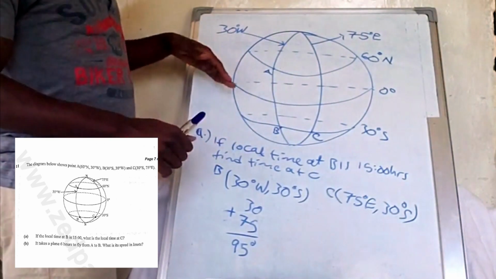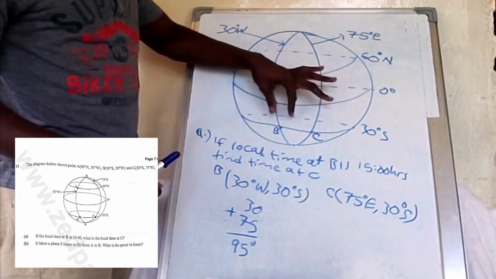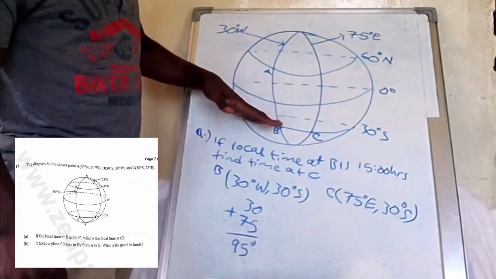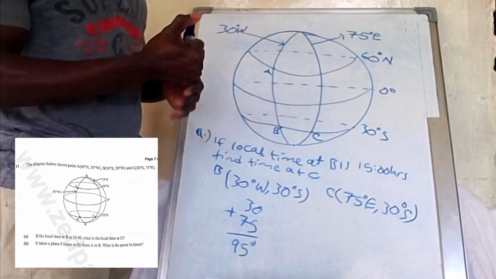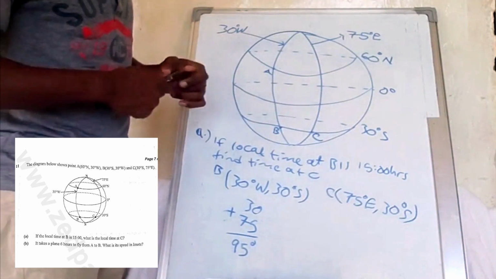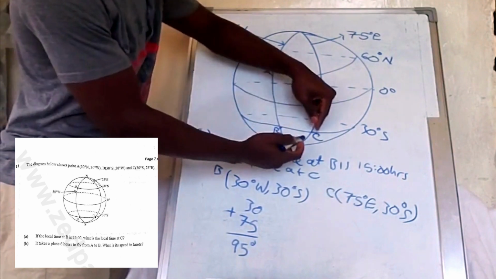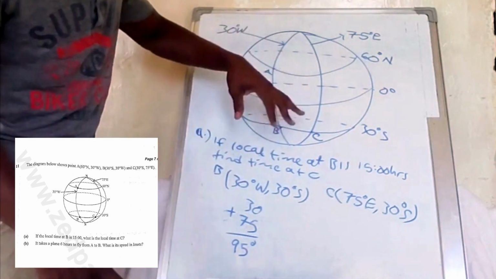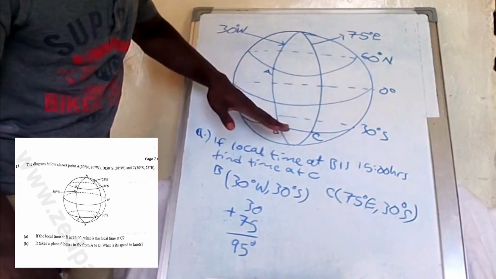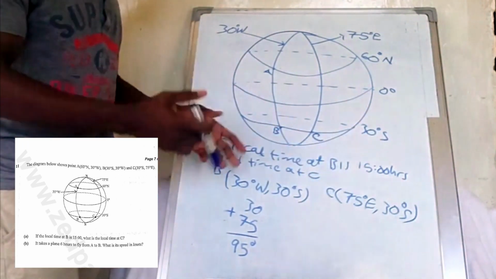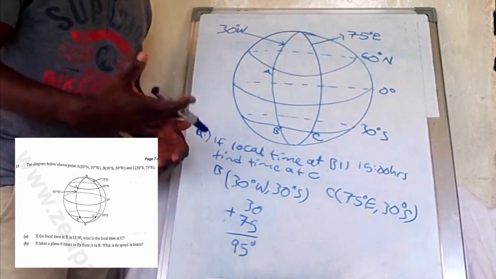Since we've been given the time at point B and are looking for the time at point C, we're moving from west to east. So the time is increasing, and the time difference will be an increase as we go from B to C. Now, how do we know how many hours have increased?